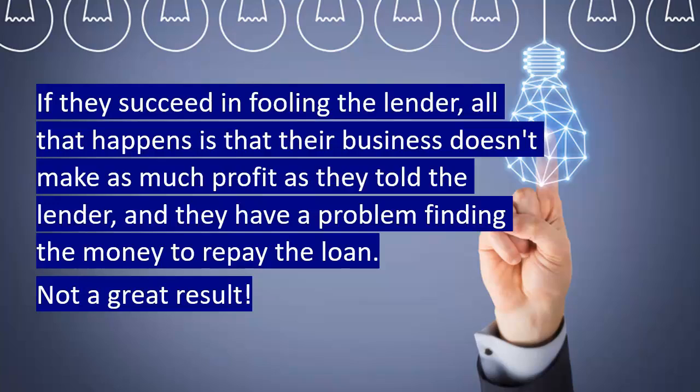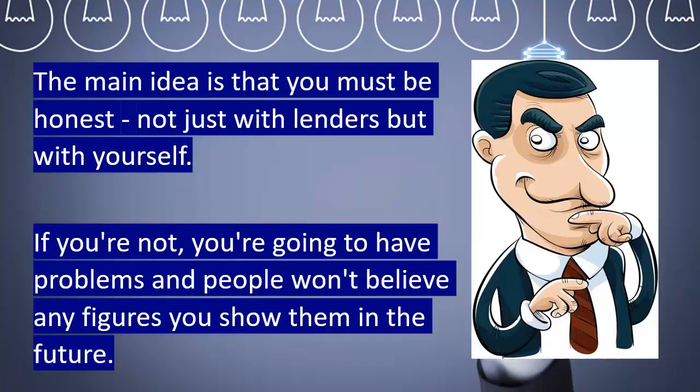If they succeed in fooling the lender, all that happens is that their business doesn't make as much profit as they told the lender, and they have a problem finding the money to repay the loan. Not a great result. So the main idea is that you must be honest, not just with the lenders, but with yourself. If you're not, you're going to have problems, and people won't believe any figures that you show them in the future.